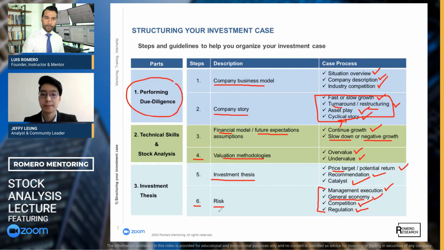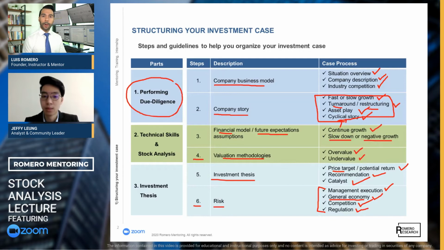So this slide right here is just meant to give you a general representation on what to pay attention to, what to research, what to familiarize yourself and understand when you are evaluating a stock. Three steps here. The first one, understand the situation overview, to summarize.